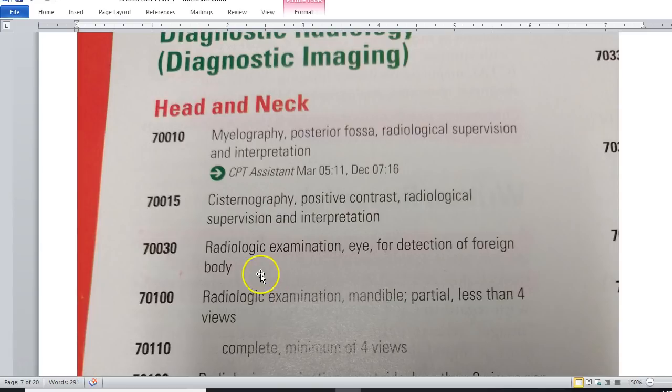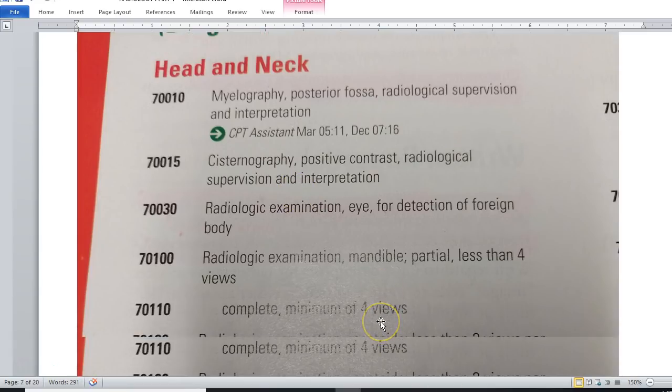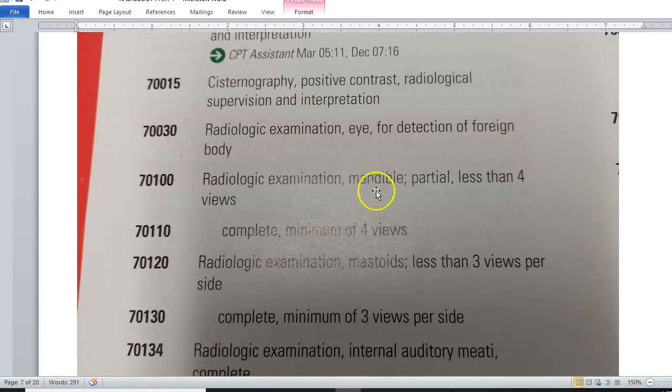So most of these are going to say things like radiologic examination. But I want to show you here. One of the things with X-rays is how many views. So most of the textbooks that go over radiology talk about the different positions that patients can be in and the different views that we can get. In the last couple of years, radiology has gotten updated to the point where we really don't need to worry about what position. We need to know how many views for X-ray.